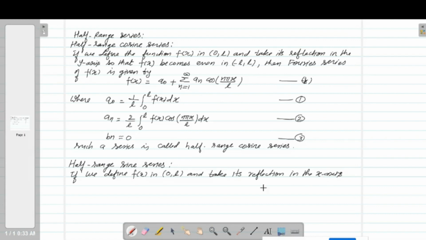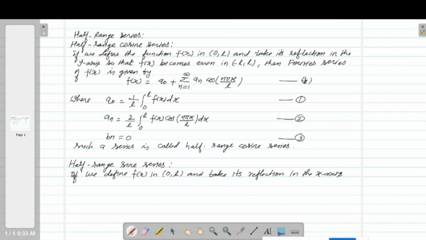in the x-axis. See here, if your axis is the x-axis, then the y coordinate will be zero. Yes, if the axis is the y-axis, then the x coordinate will be 0. So here we are taking the reflection in the x-axis. So the sine term will survive, and the cos term will be 0.